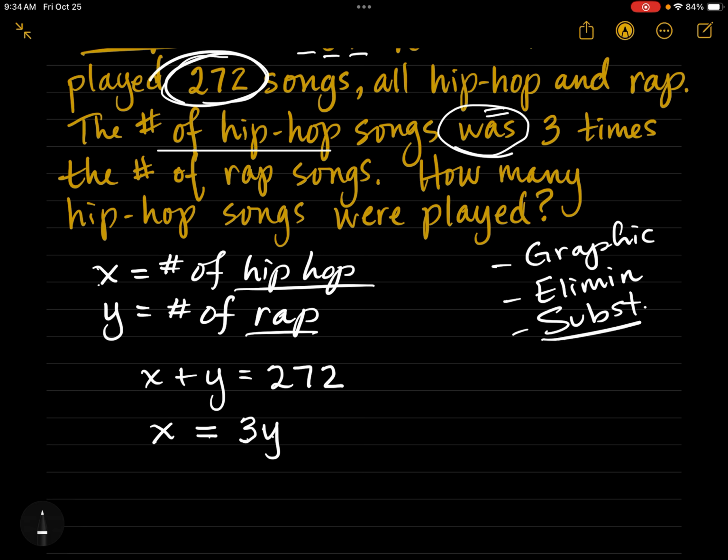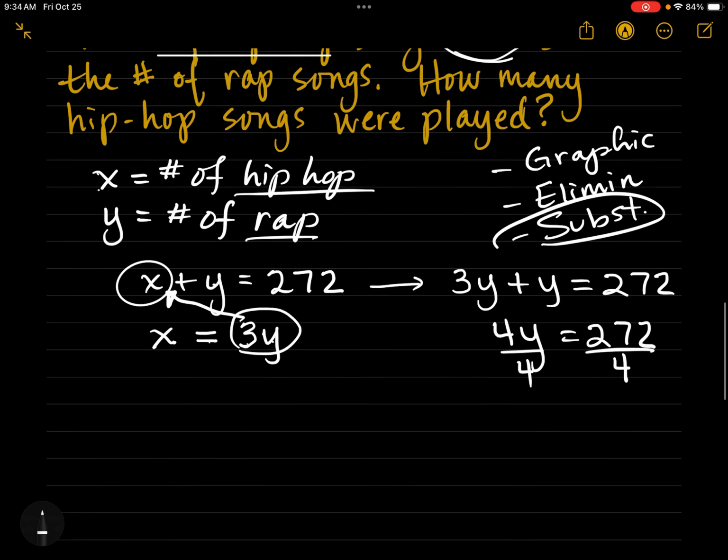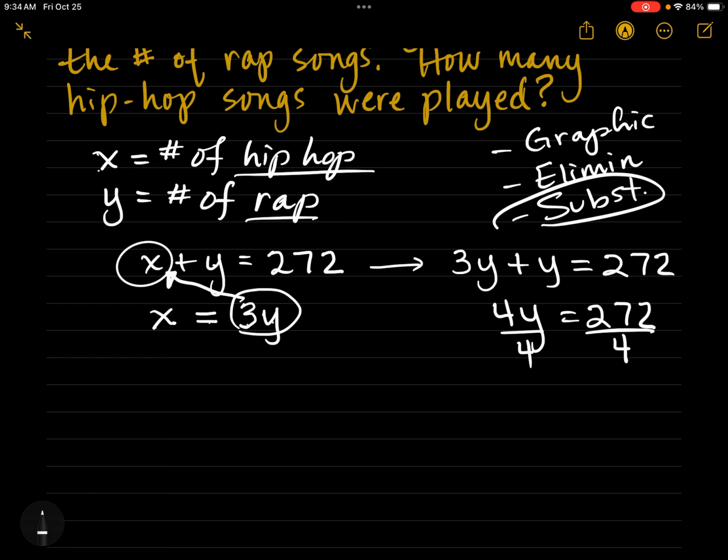So I think this one feels like substitution would be best because I have X by itself and I can simply plug 3Y in for X. So now that gives me 3Y plus Y equals 272. So 4Y equals 272, and we know how to solve this type of equation very well.